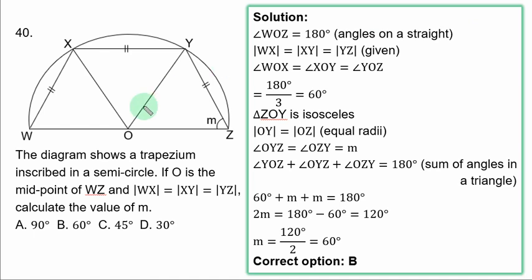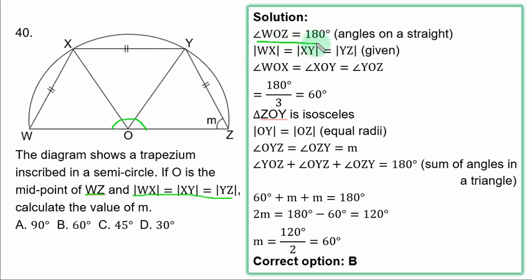Question 40. The diagram shows a trapezium inscribed in a semicircle. If O is the midpoint of WZ and WS equal to SY equal to YZ, calculate the value of M. Now, angle WOZ is equal to 180.